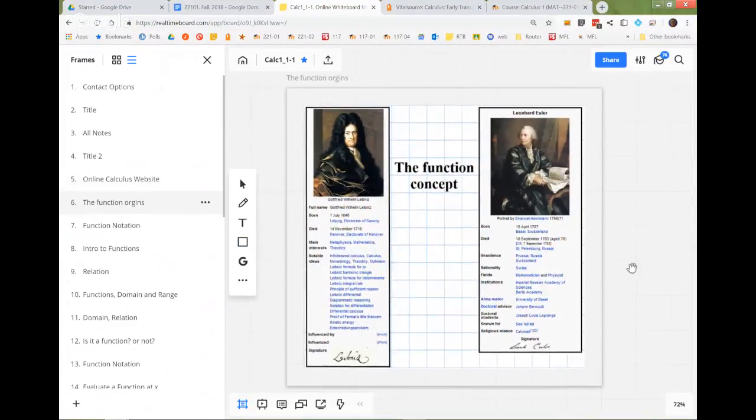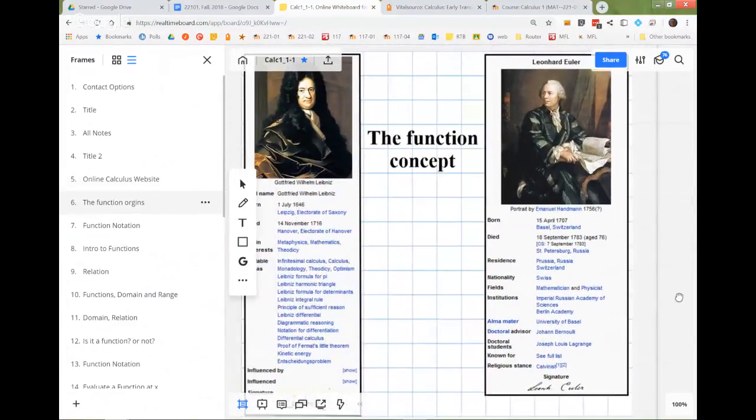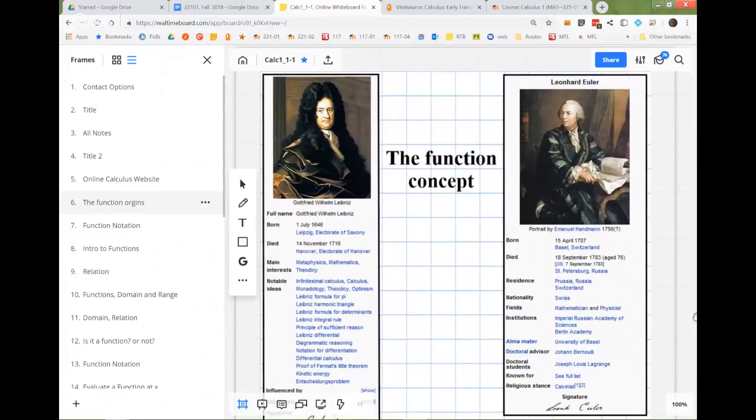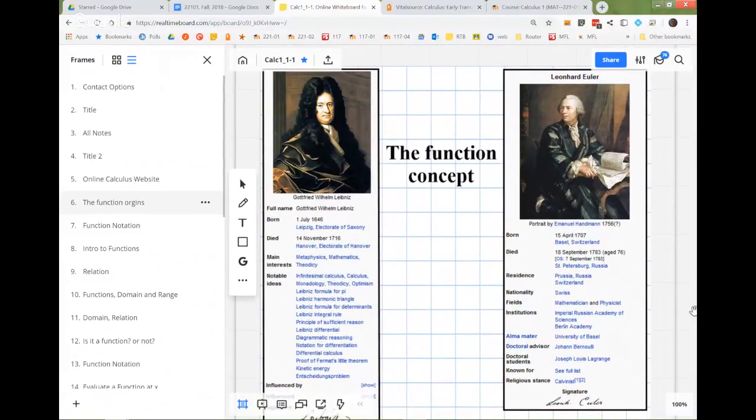So start off here with two of the guys that have a lot to do with the concept of a function. On the left is Leibniz, a German guy. And on the right is Leonhard Euler, a Swiss mathematician. Leibniz on the left is one of the co-discoverers of the calculus, which is what we're trying to learn.